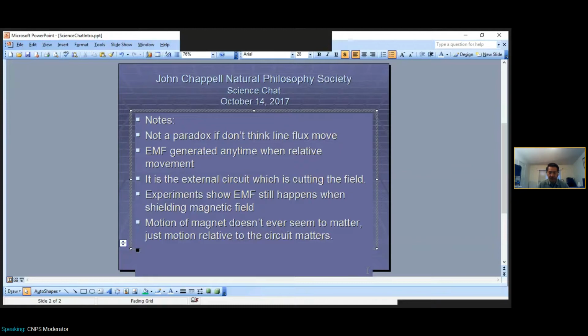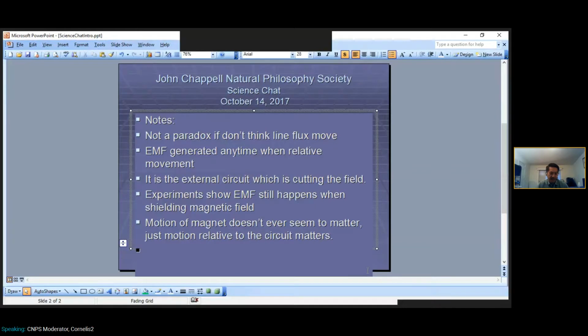But we're also talking about the case where you consider the circuit of the galvanometer moving relative to the magnet. I would think that would just involve the electrons that are in the galvanometer circuit. So you move the circuit, you get the EMF, or you move the disk, you get the EMF. But I would think that those are two different things, or are they?